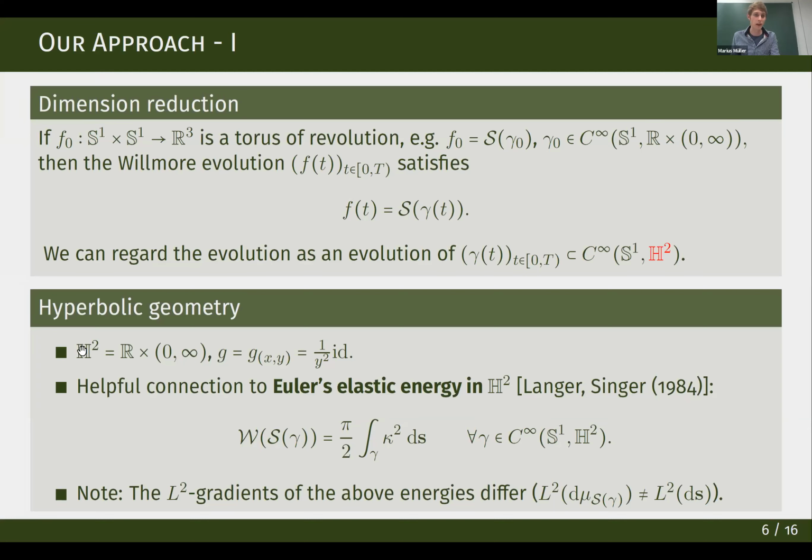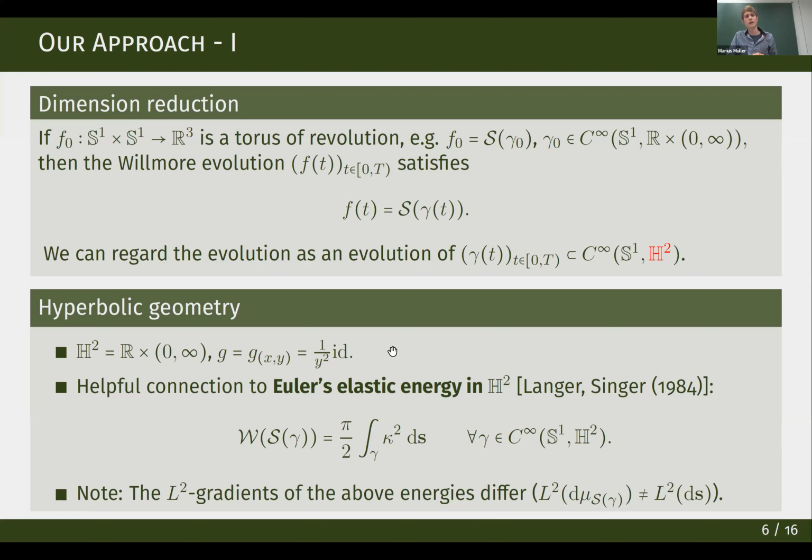Well, the hyperbolic half plane is the upper half plane endowed with another metric. Namely, you take this metric g, which has a scaling factor 1 over y squared, and then you have just the identity. So you scale the Euclidean metric with this, and then you get the hyperbolic half plane. There are other models to describe the hyperbolic geometry, but we will look at this one now.